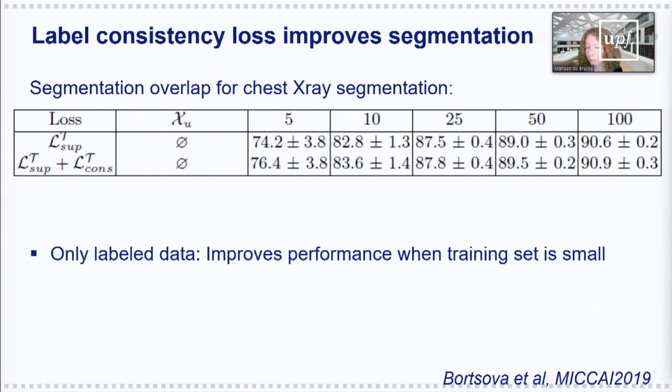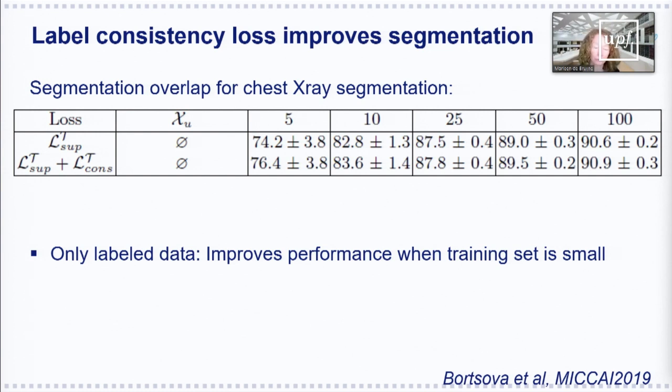Here are the results in a little bit more detail. We see here in this table segmentation overlap, the intersection over the union, and from left to right, increasing sizes of training set. The first row shows when we optimize the standard supervised loss, which in this case was cross entropy.